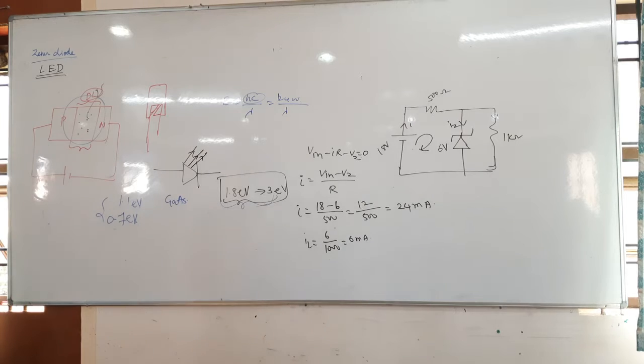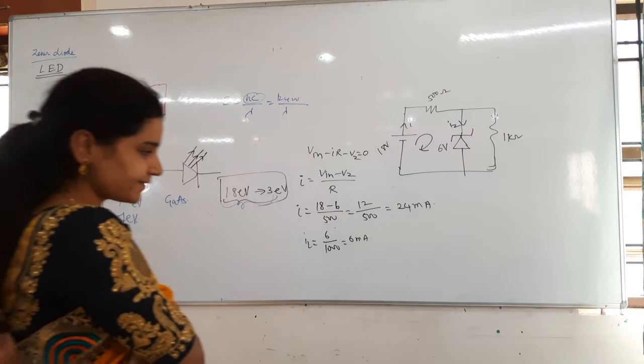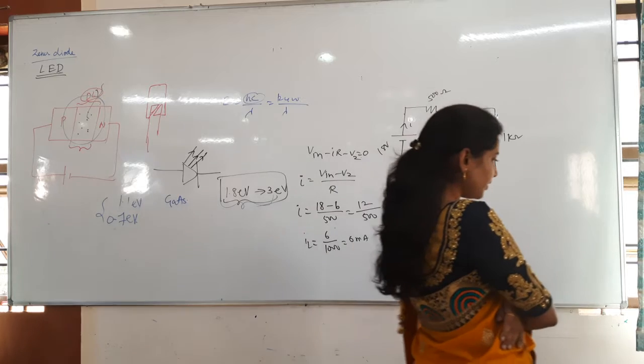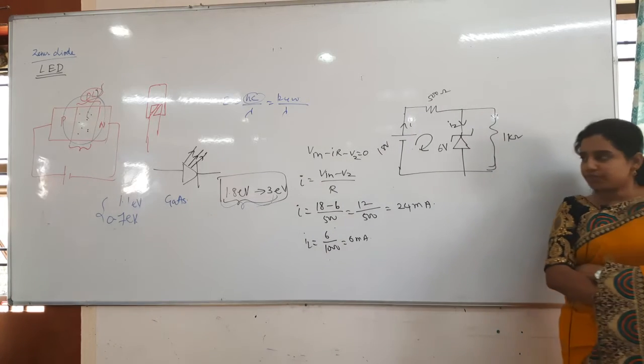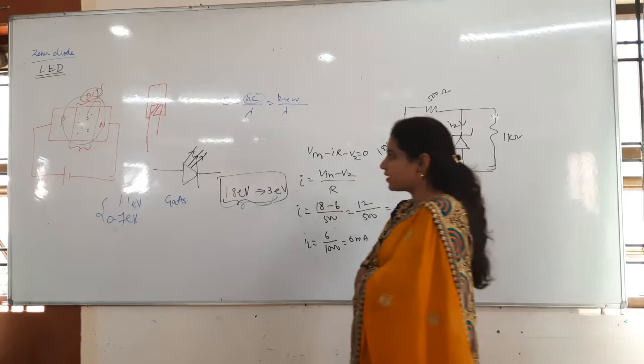The next point, silicon and germanium radiate infrared rays.